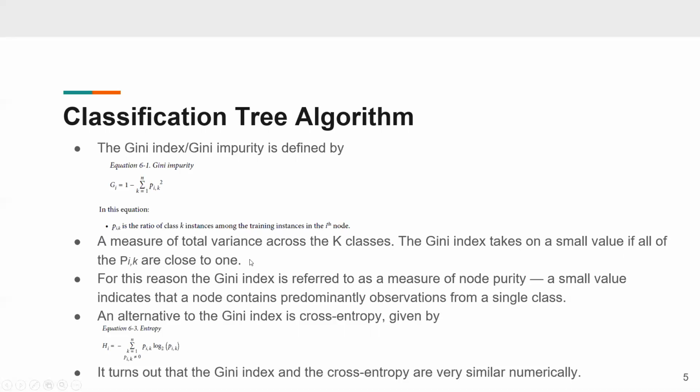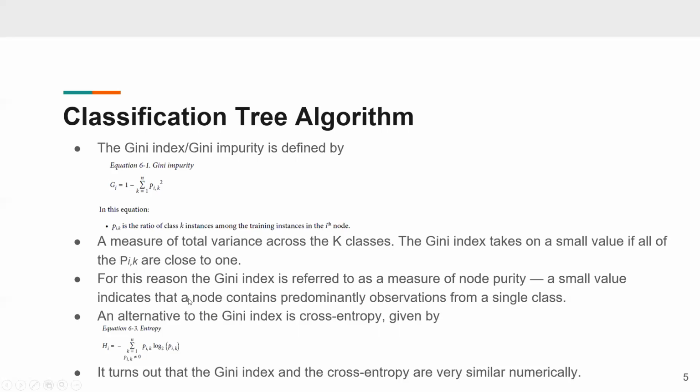Because some categories must be close to 1, some other ones must be close to 0 instead. So 1 minus something close to 1, with the rest close to 0, means that at the end of the day, G_i should be close to 0 if the node can be categorized to a specific category.